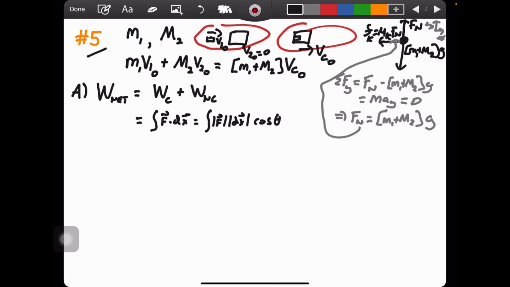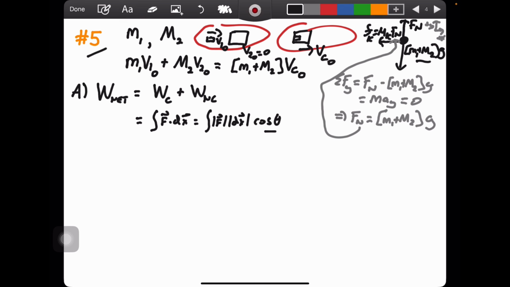And my point here is that when you talk about the gravitational force, and I just underlined it in the free body diagram, acting downward, if the displacement is completely horizontal, this cosine theta term vanishes, which is to say that yes, there is gravity in this problem, but gravity doesn't do any work in this problem.